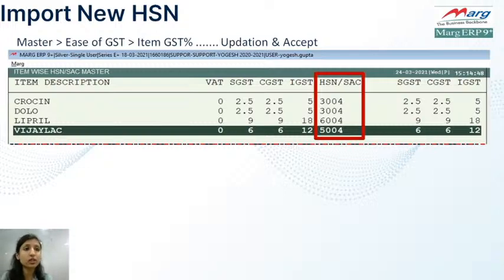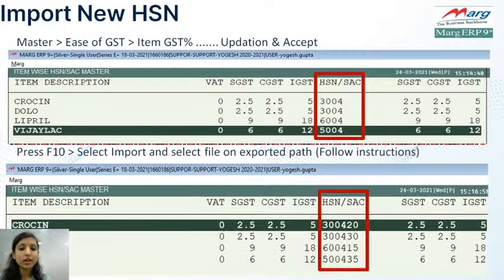As you have seen earlier, for export and import, you have to press the F10 key only. So you need to press the F10 key here, and the software will ask you the path where you have saved your file. Thereafter, all the HSN will get imported in the software.